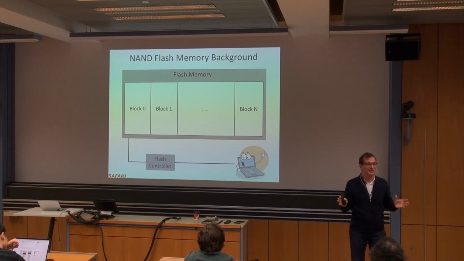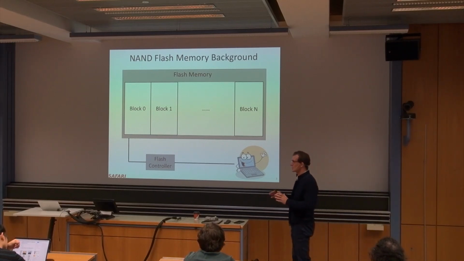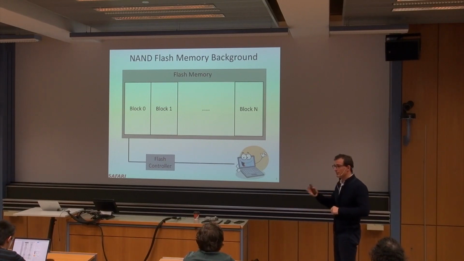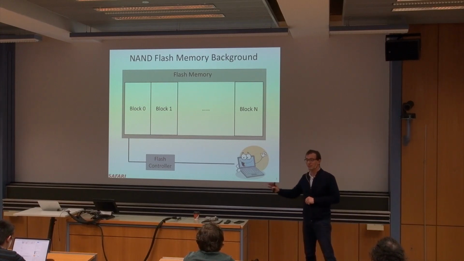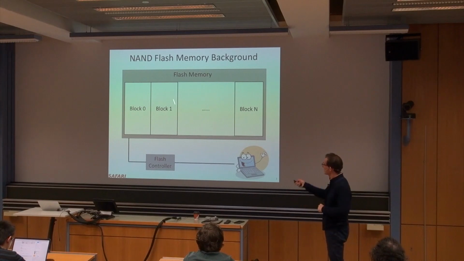So the erases are done on a block granularity, and that's to minimize the cost of erases. But you can write at the page granularity, and you can read at the page granularity once you erase the block. Erasing means setting the voltage level to the minimum voltage level possible in the entire block itself.